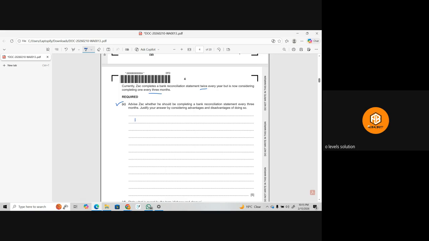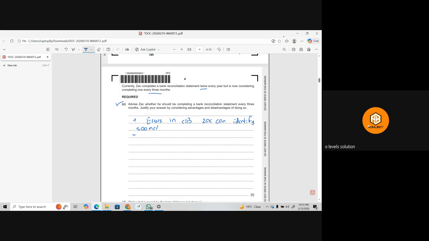First of all, if we talk about the advantages, we can say that errors in the cash book Zach can identify sooner. That's one advantage.